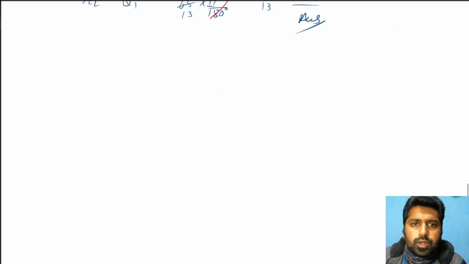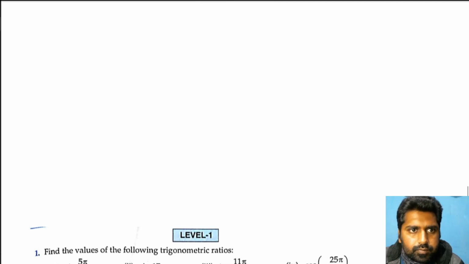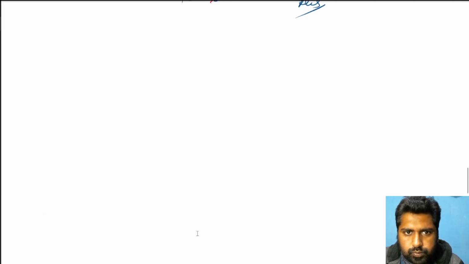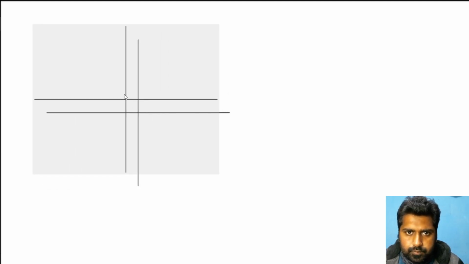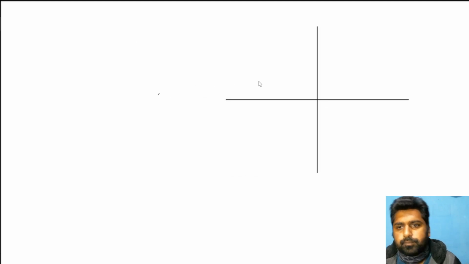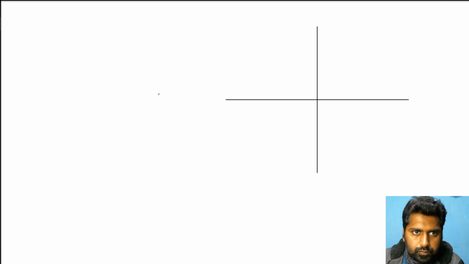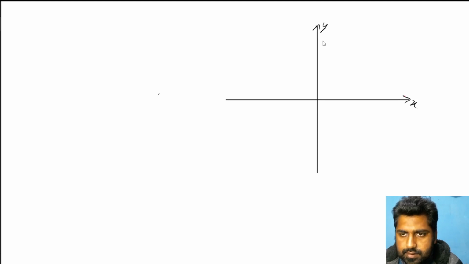For that, again, I have to go to the quadrant system. X-axis, y-axis.